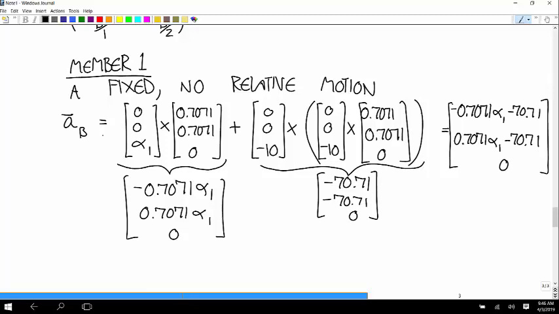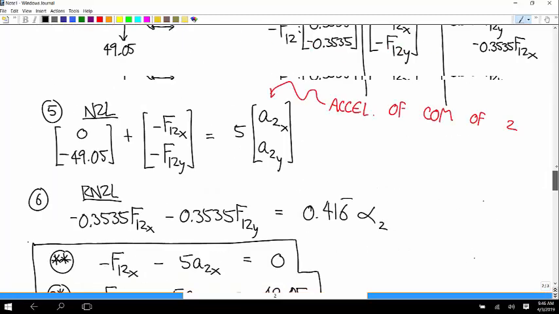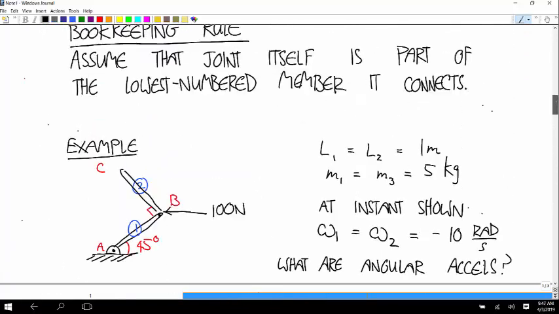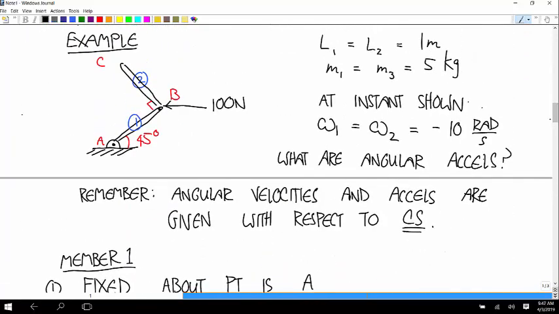Yep. Can you just step back to the fact that acceleration would be about 1, but acceleration would be about 2? Yeah. I'm not seeing that. So we're just saying that this joint B is a point on member 2 and it's a point on member 1, right?